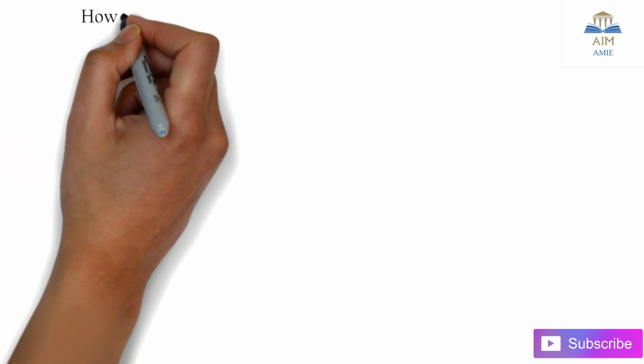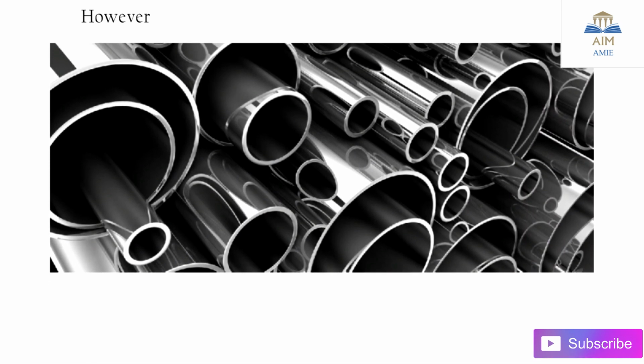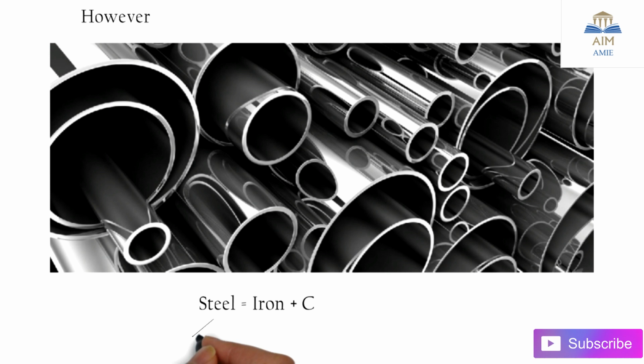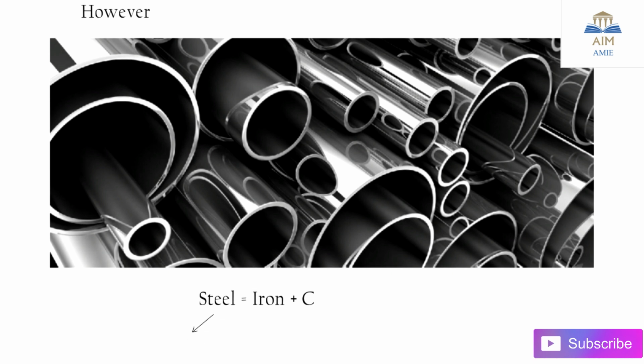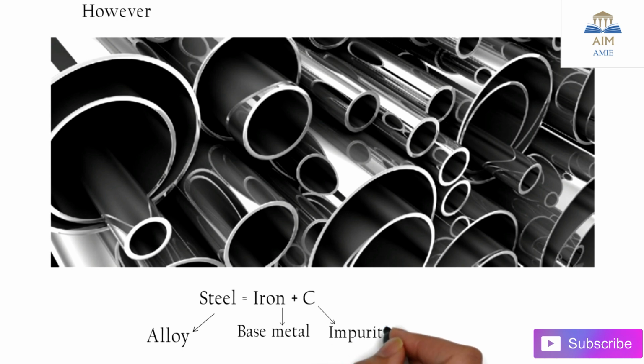The next one is rods made of steel, which is an alloy of iron and carbon. Steel is nothing but a combination of iron and carbon. Iron is the major element, the base metal, whereas carbon is the impurity, or we can call it the secondary ingredient.